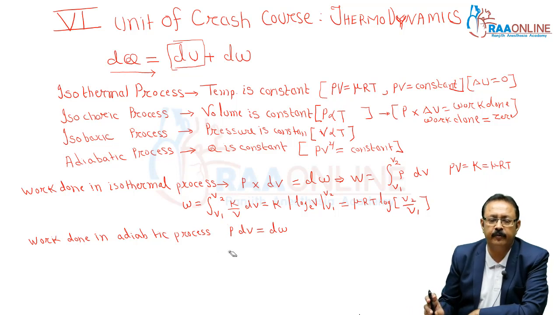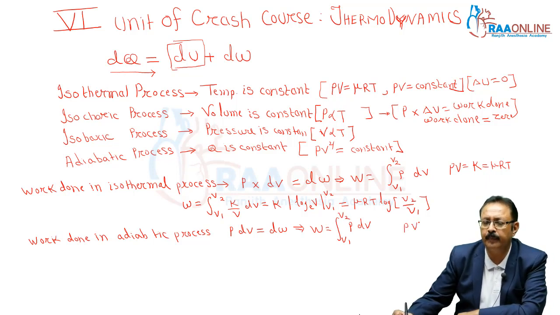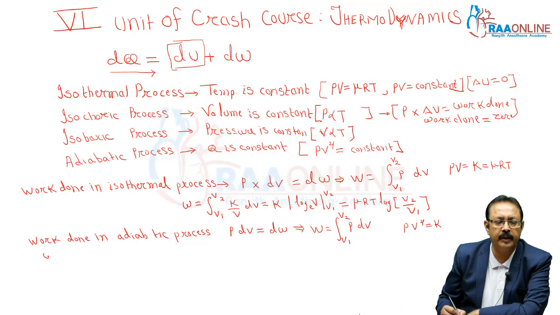We will get first small amount of work P into dV. By integrating this, we get full work. Suppose you want to change the volume from V1 to V2. Again, P is not there in terms of V, but we know that at this time, gas is following Poisson's law. PV raised to the power gamma is equal to constant. So we are putting the value of P, K upon V raised to the power gamma. Take K outside.